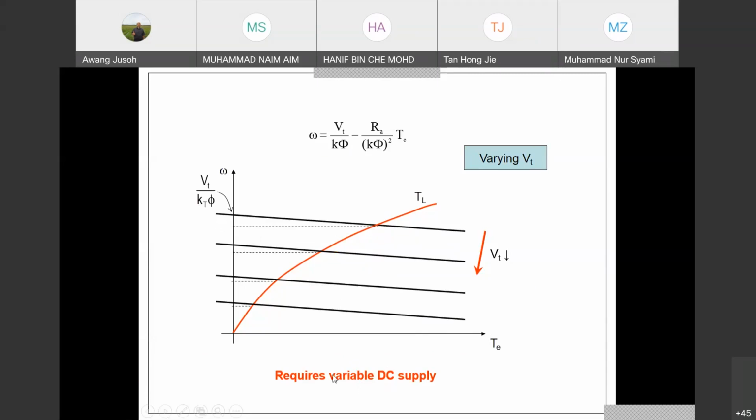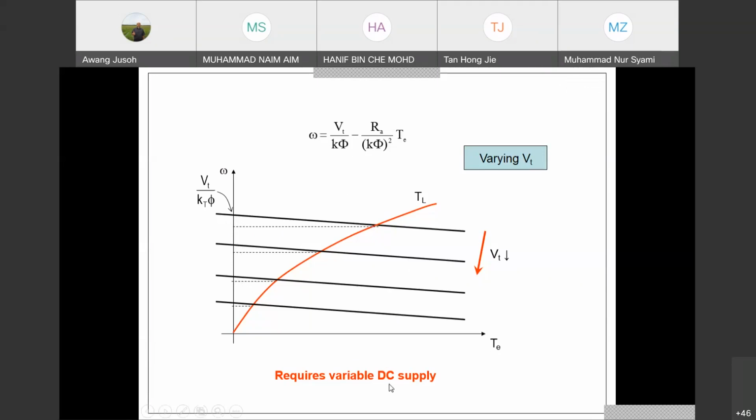But the good thing about this method is that the speed regulation is quite good. I mean the difference between no load speed and full load speed is very small, not too big. Here, you can see the difference: no load, full load, but the difference is very small. That's why this method is commonly used to control motor speed. They change the voltage.